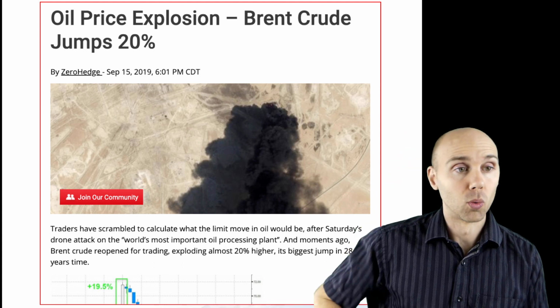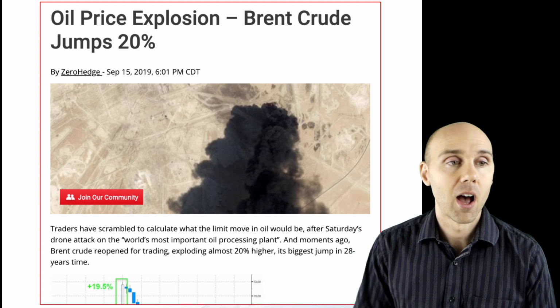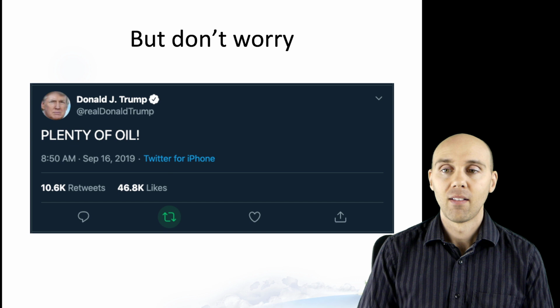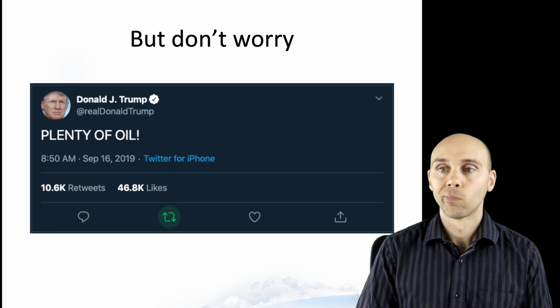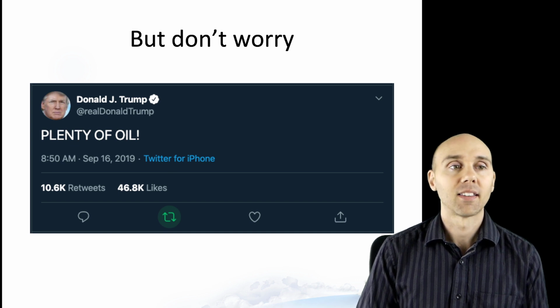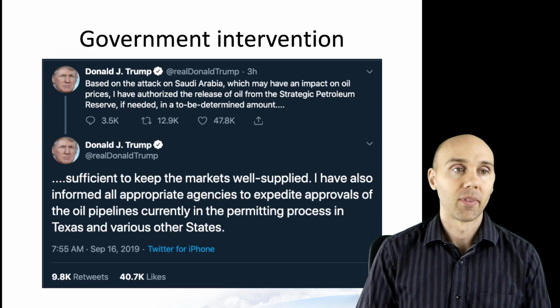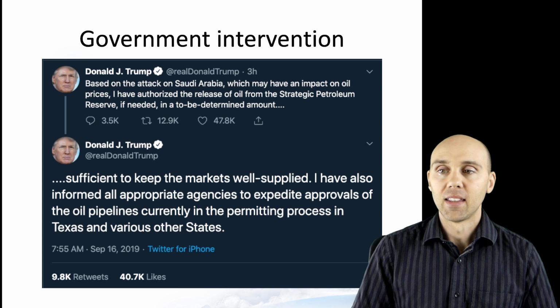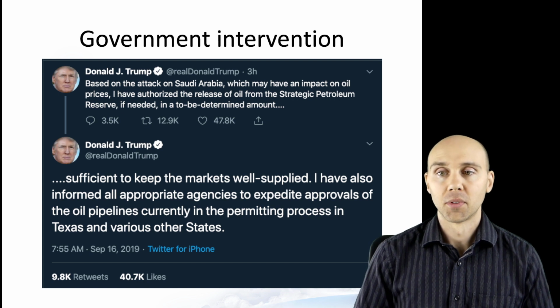Trump sought to restore calm to the people about this and tweeted very eloquently that there was plenty of oil. And he went a bit further than that. In fact, he said he's actually doing something more constructive in a policy sense based on this attack. He authorized the release of oil from the strategic petroleum reserves if need be.